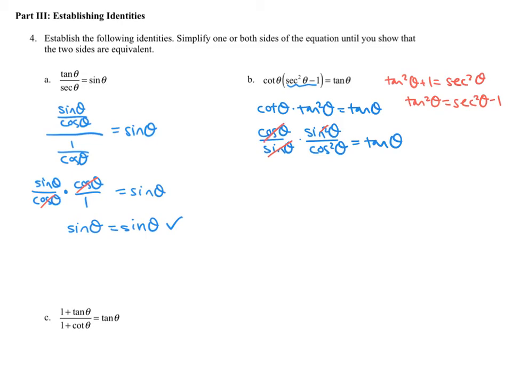The cosine theta cancels one of the cosine thetas on the bottom. So we end up with just sine theta left on the top and just cosine theta left on the bottom. And that is tangent theta. So now we've showed that the left-hand side does equal the right-hand side.